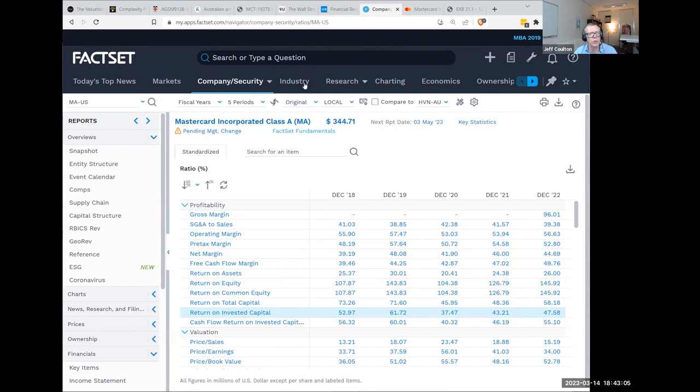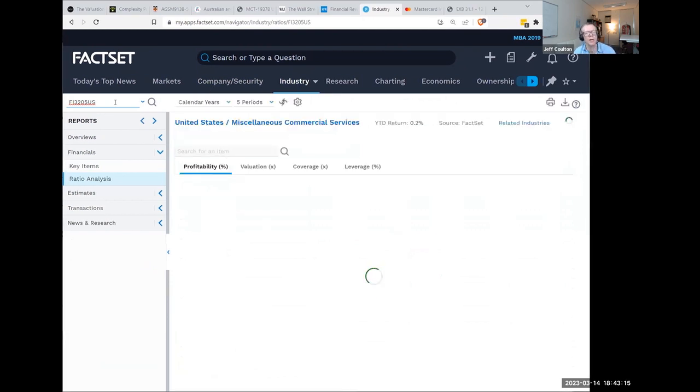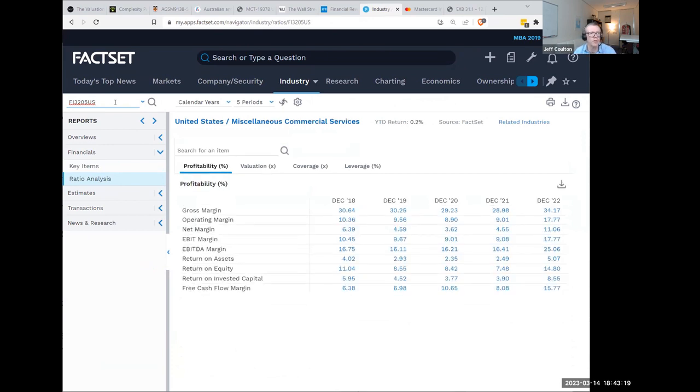I'm just going to click on industry up the top here, and it's going to take me to the industry associated with the company I was just looking at. If I did JB Hi-Fi, it would take me to Australia electronic goods retailers. But because I was on MasterCard, it goes to miscellaneous commercial services. And I might then say, okay, let's have a look at return on invested capital.